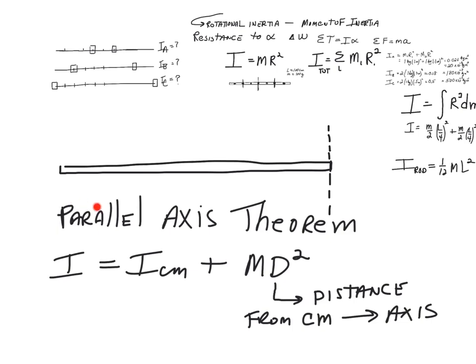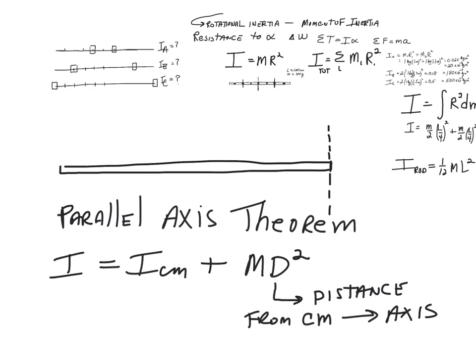The parallel axis theorem says that if you want the inertia of the rod where the axis is not at the center of mass, the center of the rod, you need to add the inertia about the center, that would be the 1/12 ml squared. You need to add to that the mass of the rod times the distance that you move the axis squared.